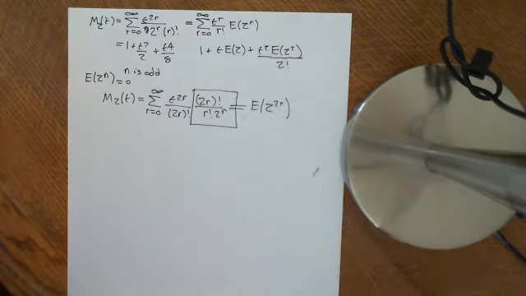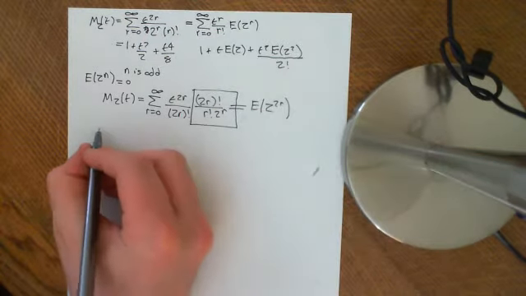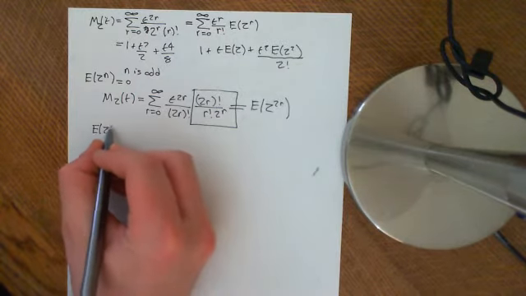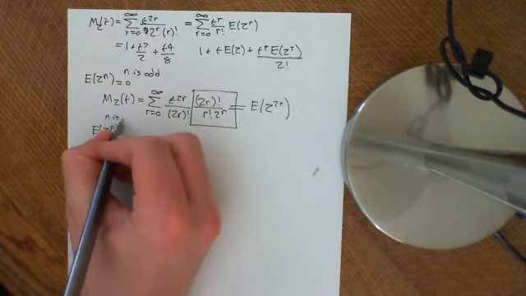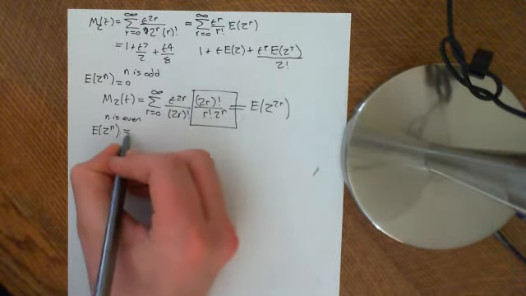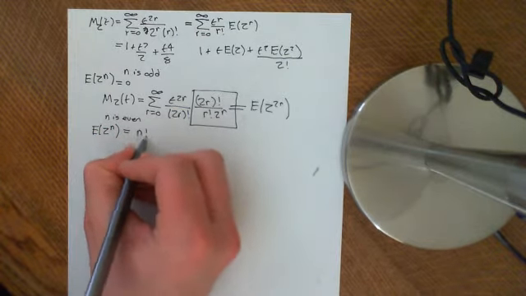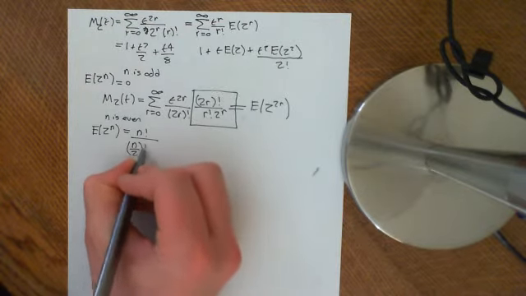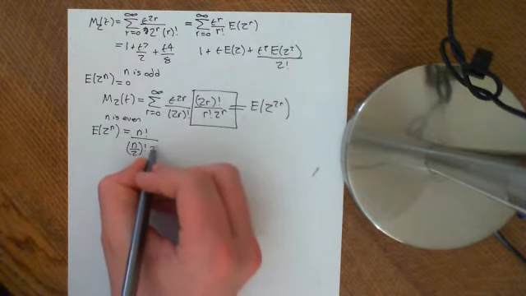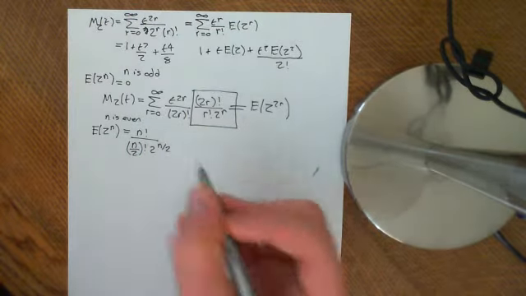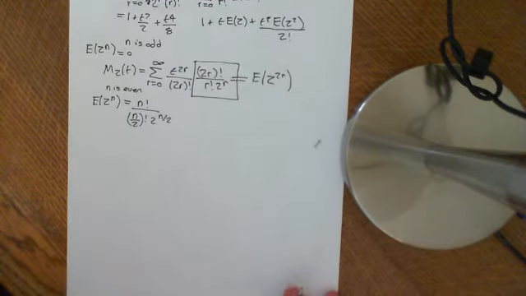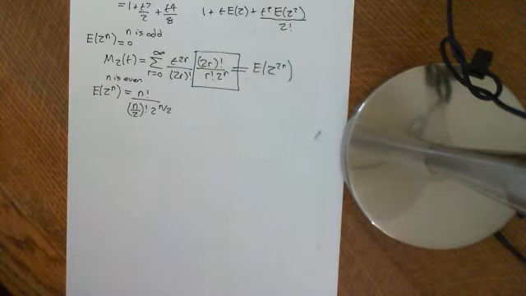So if you give me the expected value of z to the n, where n is an even number, then it's equal to n factorial divided by n over 2 factorial, times 2 to the power of n over 2, which is how you compute the even moments for the standard normal distribution. Got there in the end.